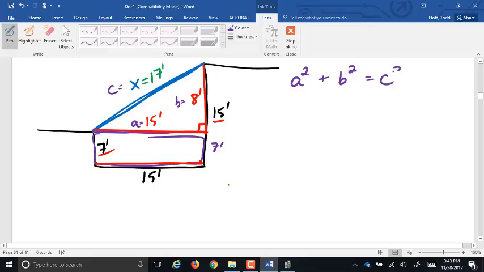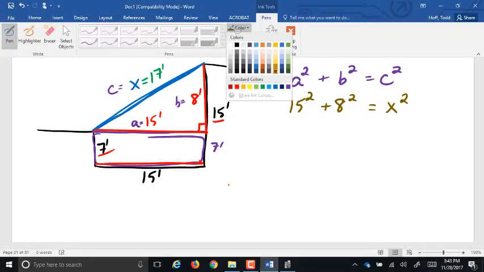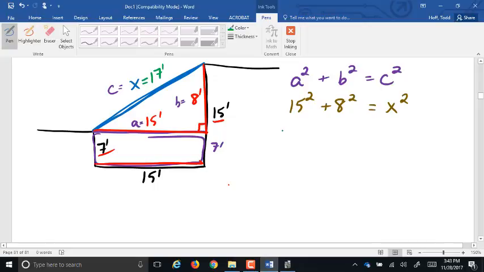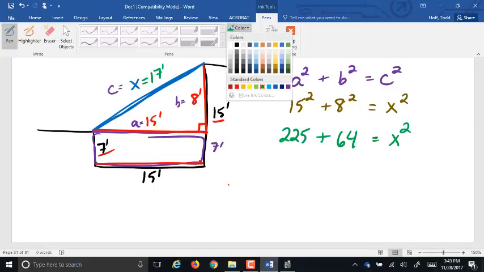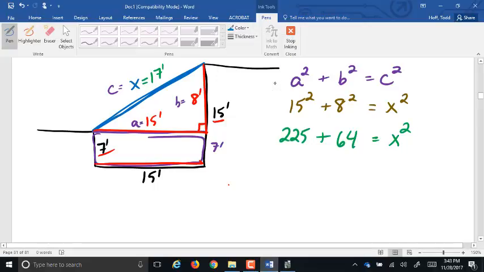A squared plus b squared equals c squared. A is the 15, so 15 squared plus b is 8, so that's 8 squared, equals c is x, so that'd be x squared. 15 squared is 225. 8 squared is 64. 225 plus 64 is 289, equals x squared.